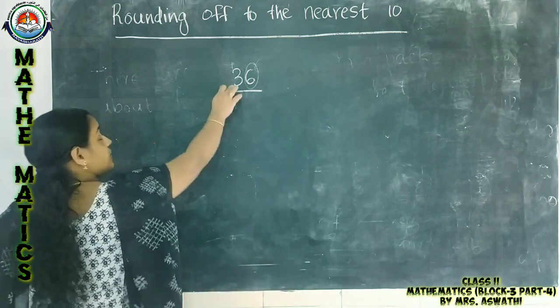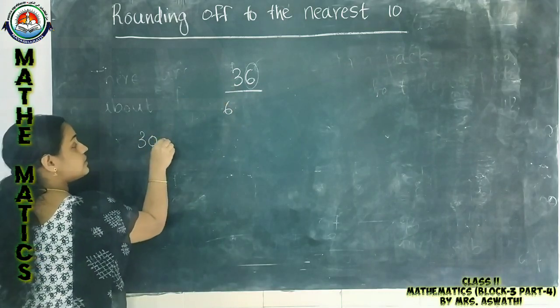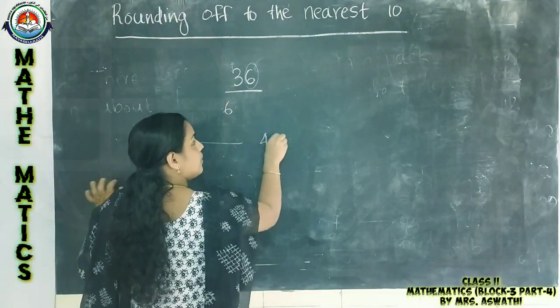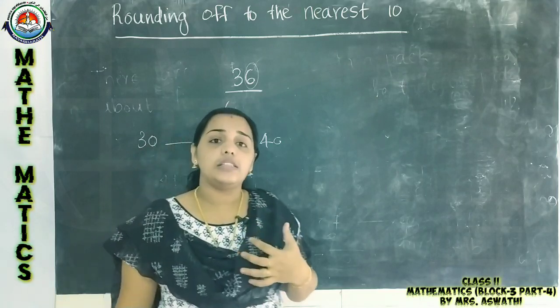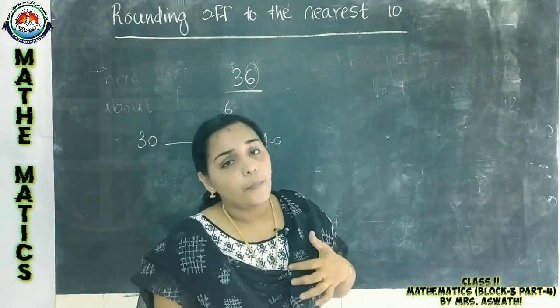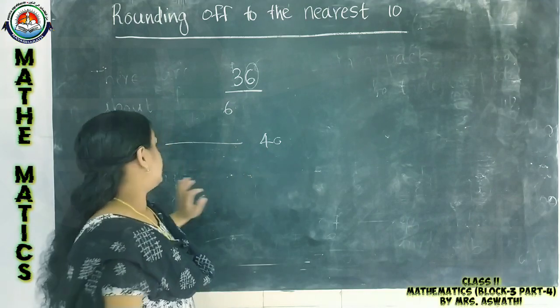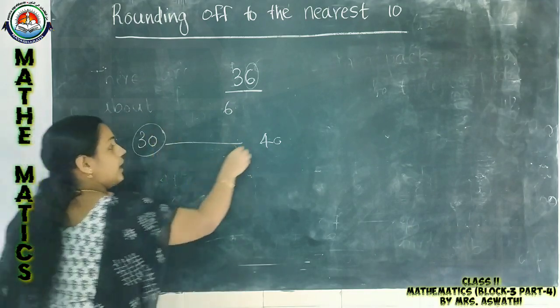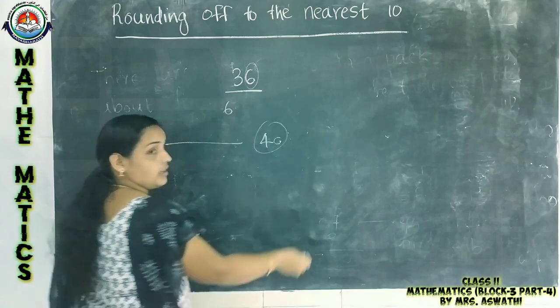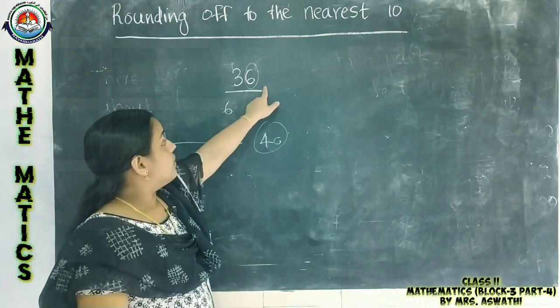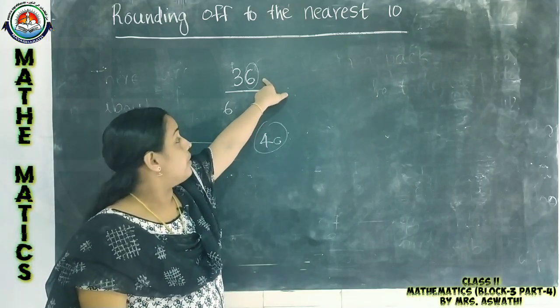We know the two tens that 36 lies between are 30 and 40. This is the smaller 10 and this is the greater 10. Then we consider only the digit in the ones place.